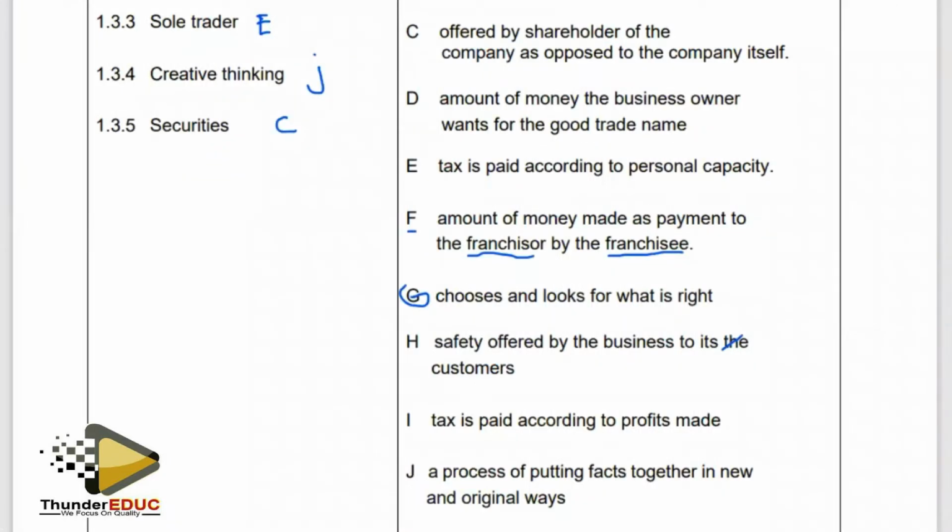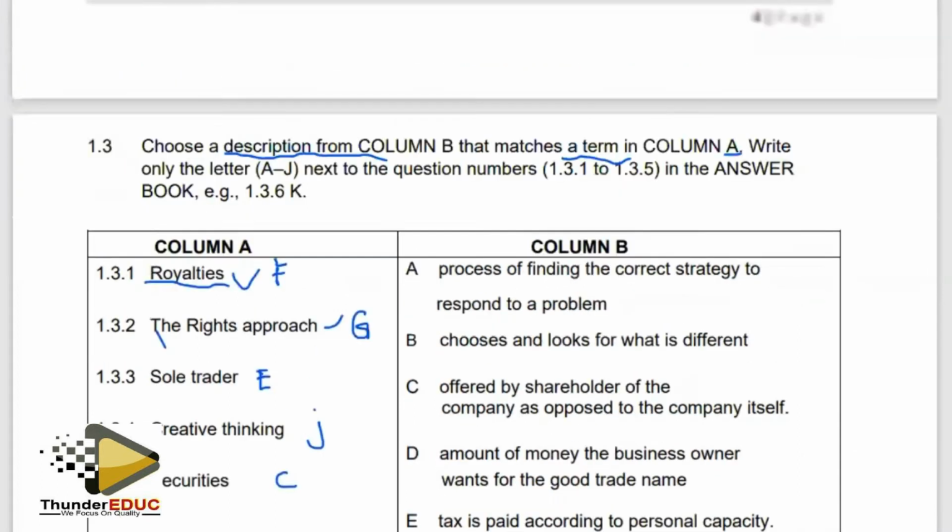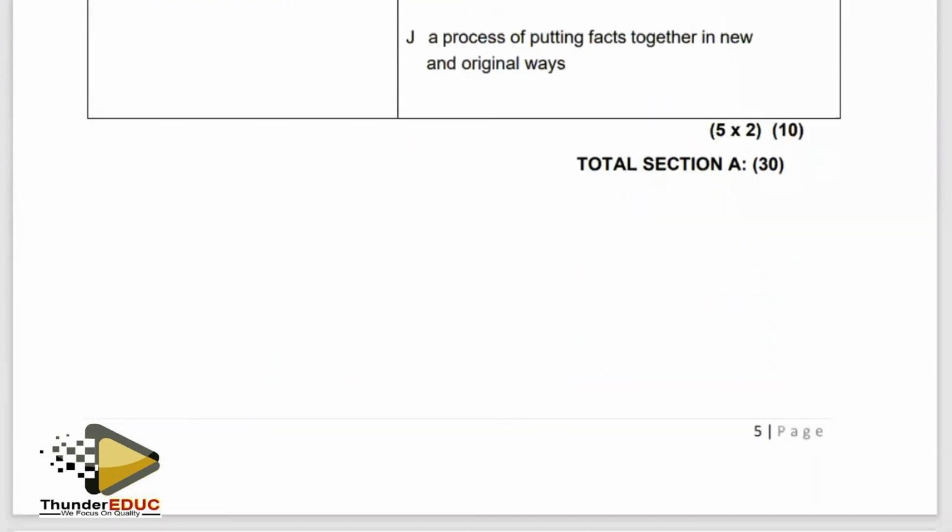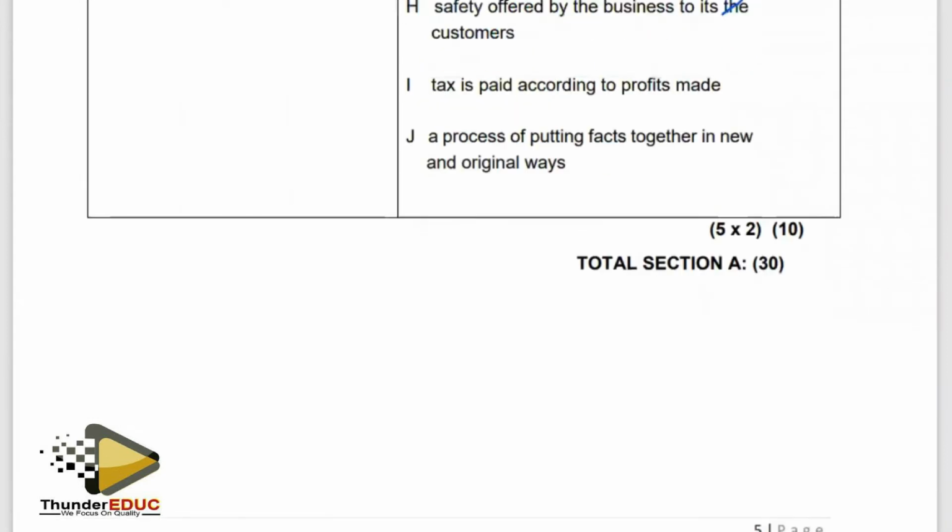Okay. We have successfully completed our section A, and the score is 30.